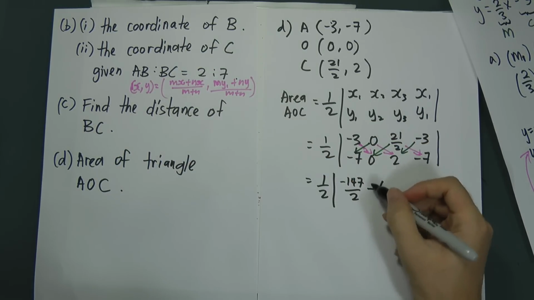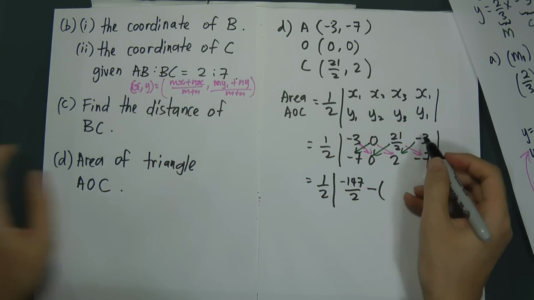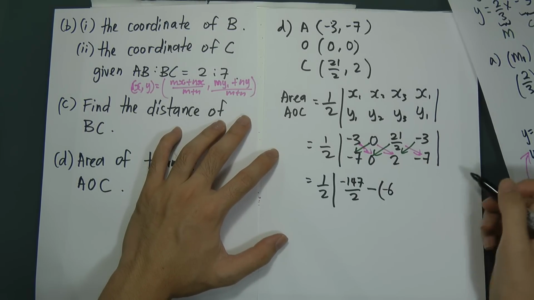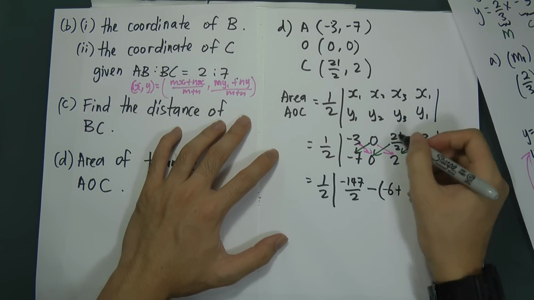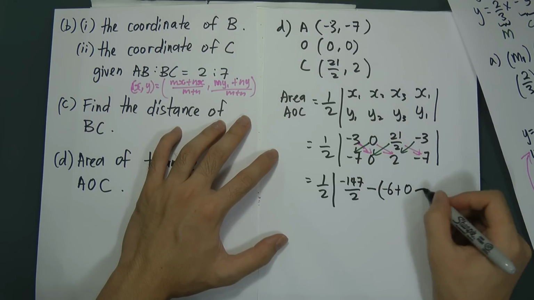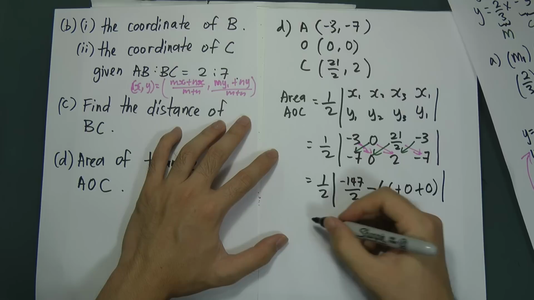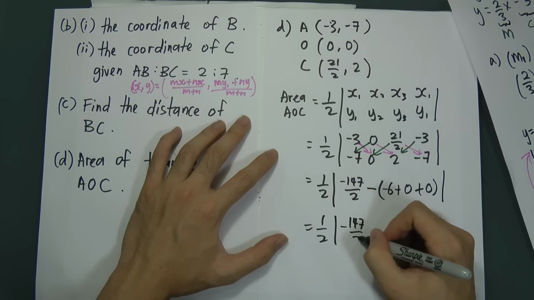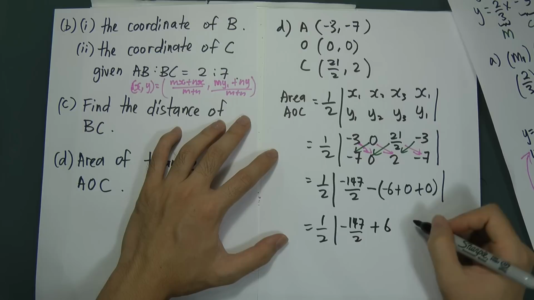Okay, but then middle is minus. So -3 multiple 2, we got -6. Okay, plus this one multiple this one 0, this one multiple this one 0. Okay, then this is very easy. -147/2 plus 6.